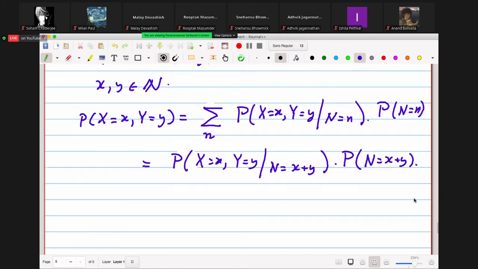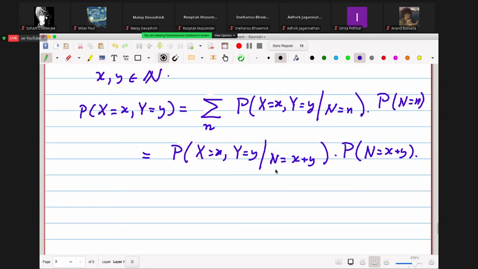So what is this? You are flipping the coin x plus y times, and you want x heads and y tails. So the probability of that happening is (x plus y choose x) times p to the power x times q to the power y.